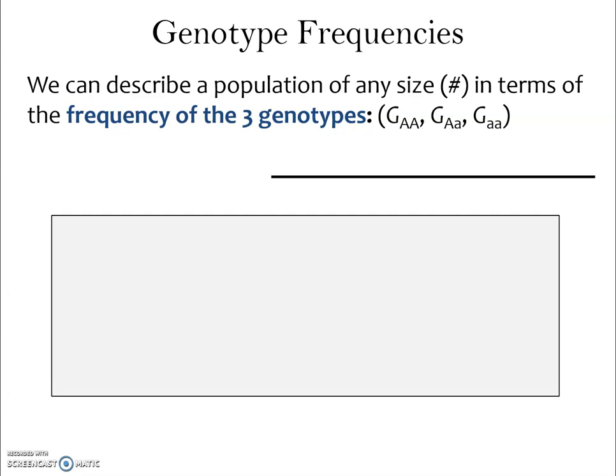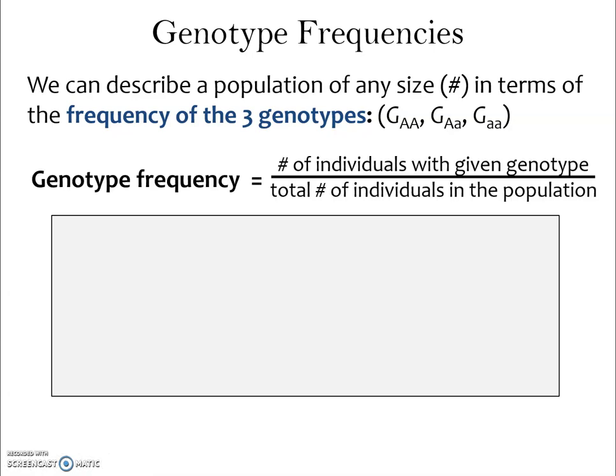So numbers aren't really useful outside of their own context. Frequencies can be useful in any context. So this math should make sense to us. We're calculating our genotype frequencies, and that's just going to be the number of individuals with the genotype we're asking about divided by the total number of individuals in the population.